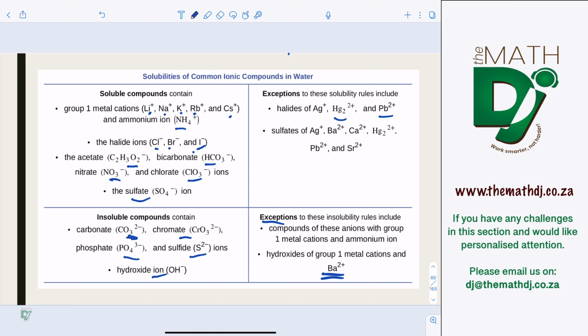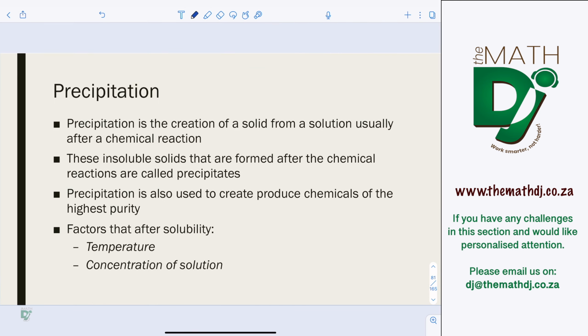Barium is in group 2, but we will cover them in the practice questions, because it's difficult, there are many of them, so you have to have a strategy of focusing and remembering them. So we'll cover it in the exam practice.